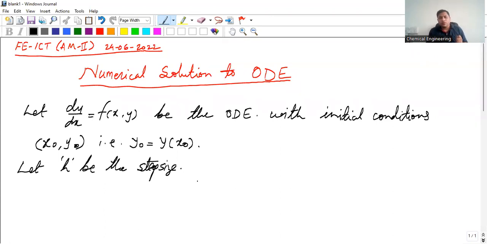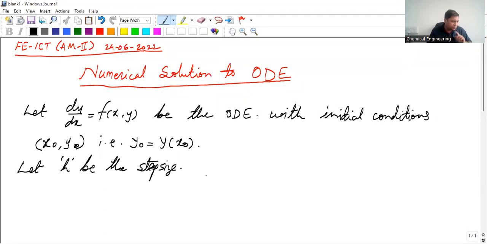Some methods, though they are multi-step methods, predict the value and then correct the value. These methods are called predictor corrector methods. So in this chapter, we will see two types of methods: one is the multi-step method and the other is the predictor corrector method.